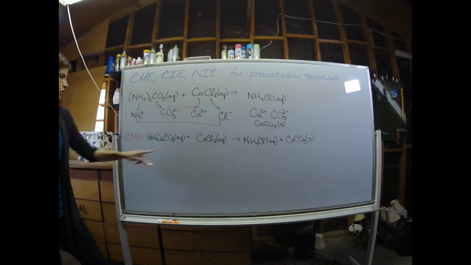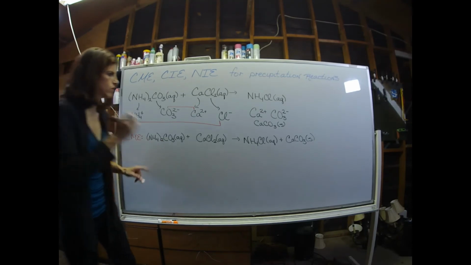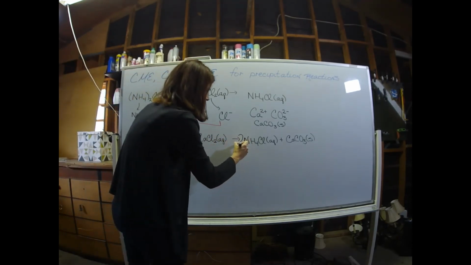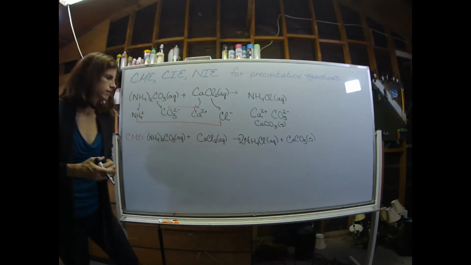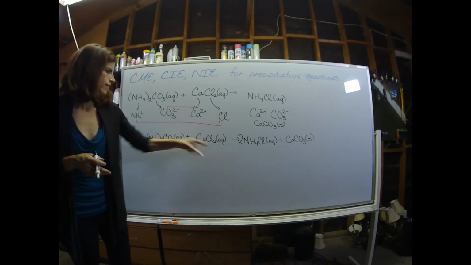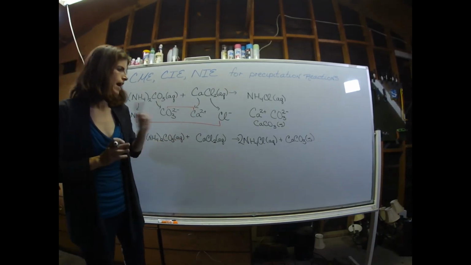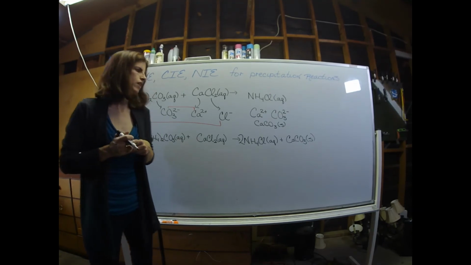Alright, balance it. So we have 2 ammoniums. That'll mean putting a 2 in front of the ammonium chloride on the product side. That gives me 2 chlorides, that's fine. 1 calcium on both sides and 1 carbonate on both sides.